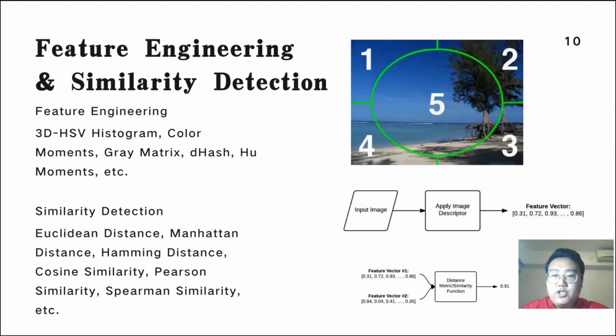Therefore, the image is divided into 5 parts: top left, top right, bottom left, bottom right, and middle. Of course, the drawback of this approach is obvious. Not necessarily all image subjects are located in the middle part.